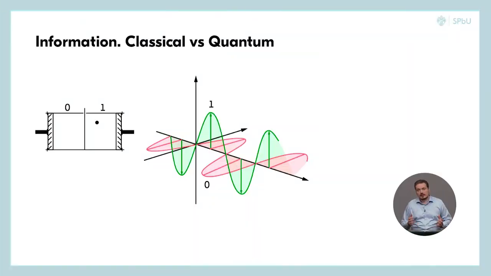The most significant basic part of the whole theory of quantum computing is the qubit, which is short for quantum bit.